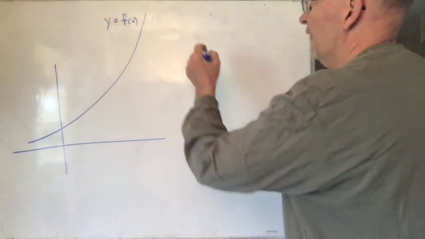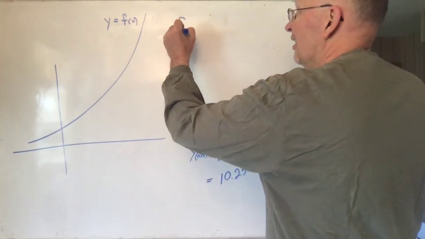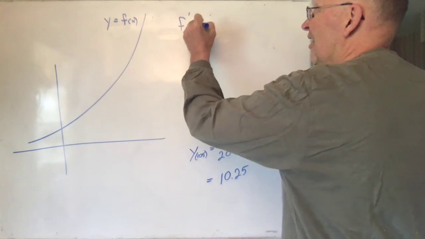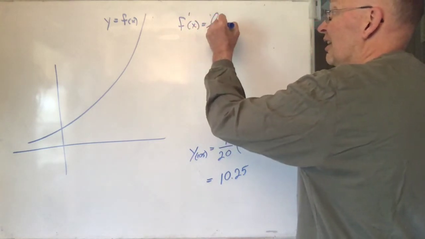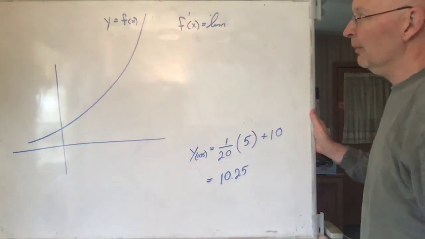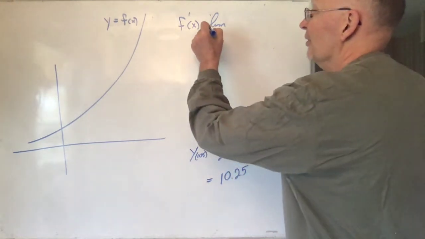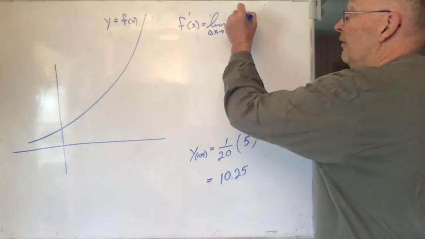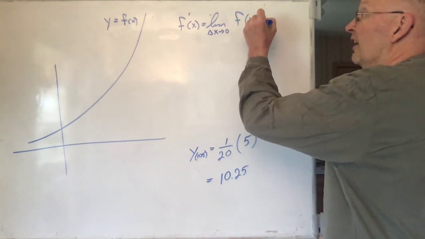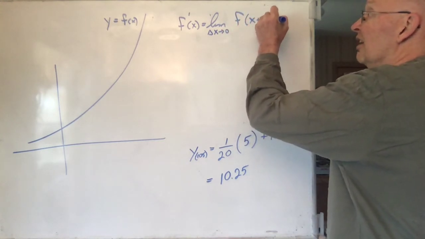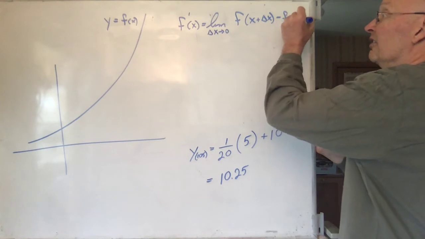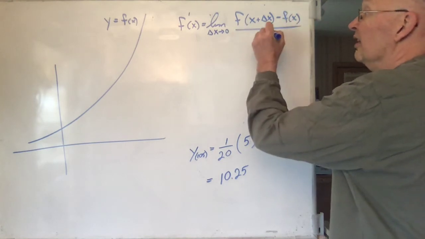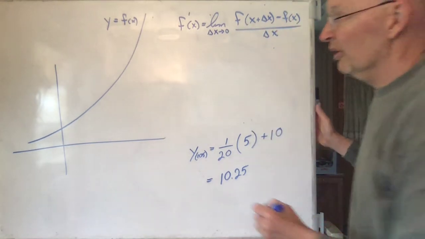We know that the definition of the derivative is the limit. We used to use an h, but I'm going to use a little delta x in this case. I'm going to use the limit as delta x goes to 0 of f of x plus delta x minus f of x, all over delta x.